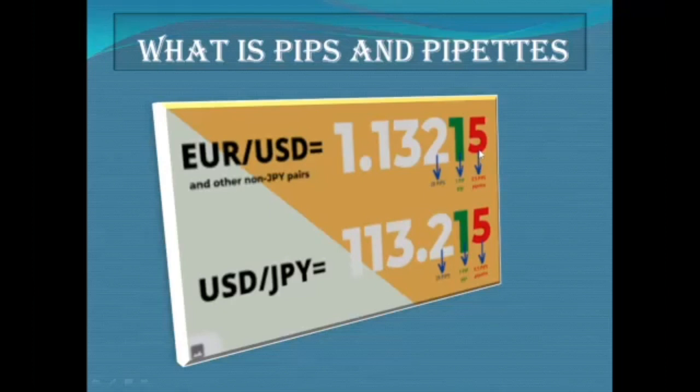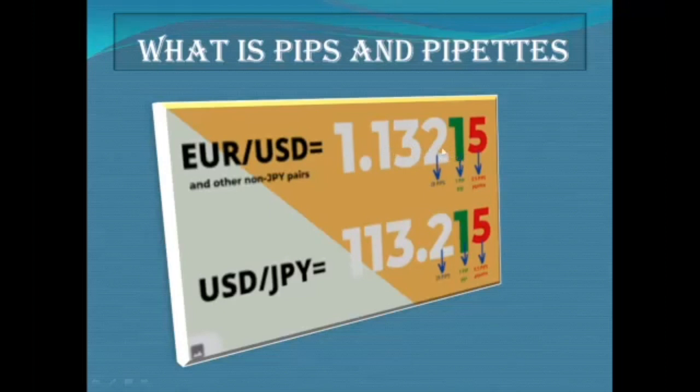Now, a pip is the last decimal place of a quotation, given that 4 decimal places are used for pairs without the Japanese yen. These are the 4 decimal places: 1, 2, 3, 4.